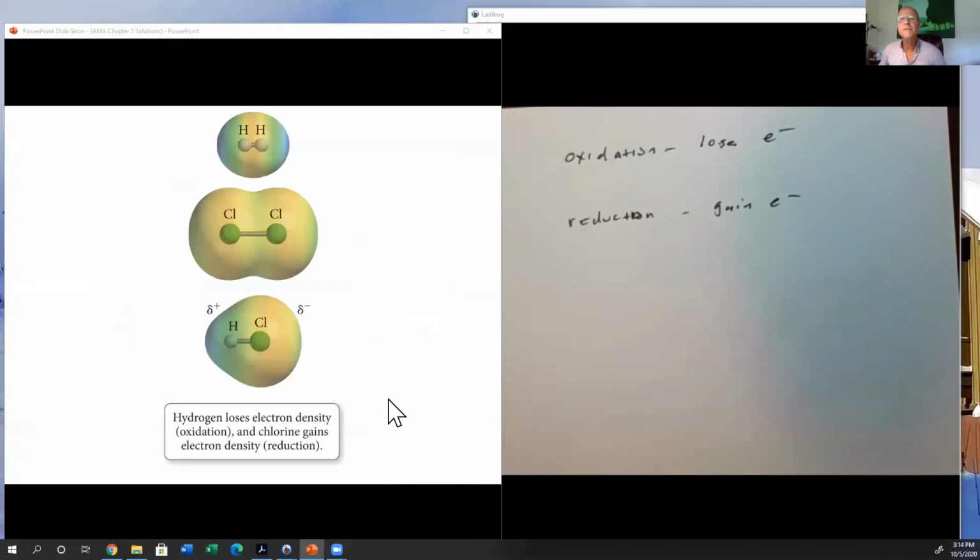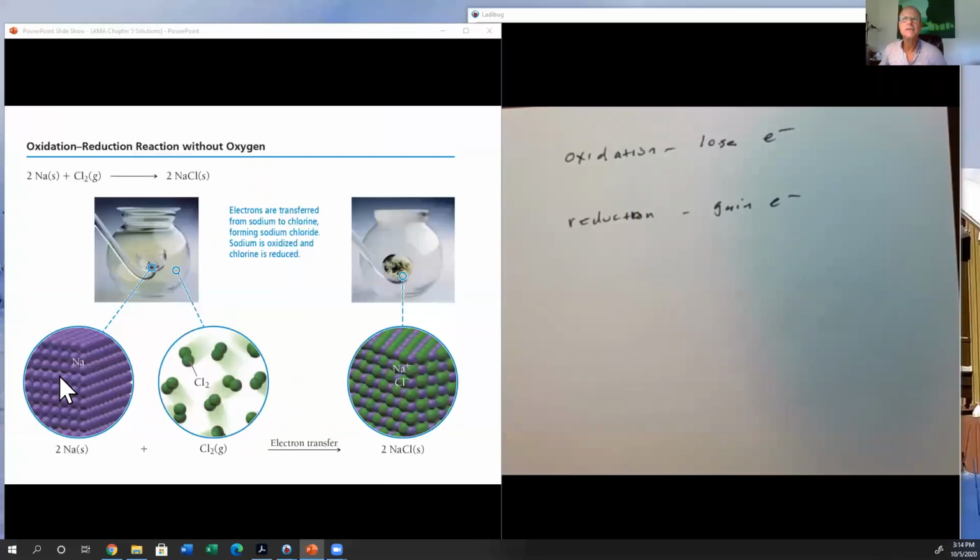Sometimes it's easy to tell if you have an oxidation reduction reaction, because here you have a metal and a non-metal. What do you know about metals? What do they tend to do in chemical reactions? Lose electrons. Metals tend to lose electrons. And what do you know about non-metals? They tend to gain.